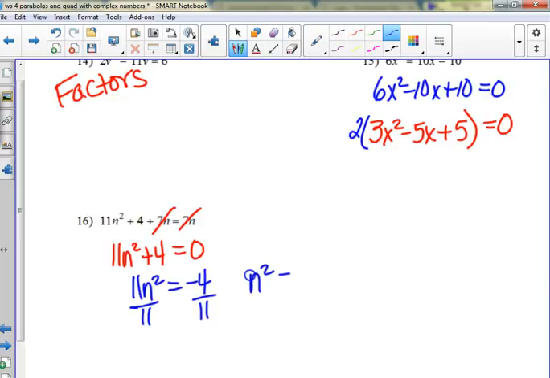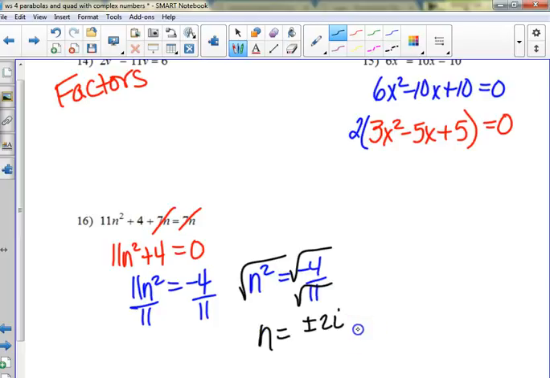We have n squared equals negative 4/11. Ugh. What do we get on the top? Plus or minus 2i. But then we have over the square root of 11, so we got to do that stupid square root of 11 over square root of 11 business.